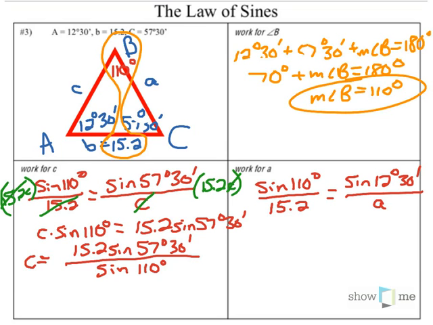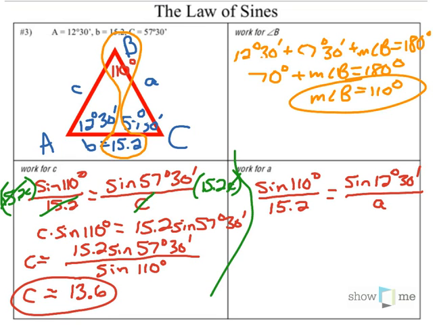Put this in my calculator, 15.2 times sine of 57 degrees and 30 minutes divided by sine of 110. Get 13.6 to the nearest tenth. That's less than my other side, 15.2, which is good because the angle it's opposite is less.